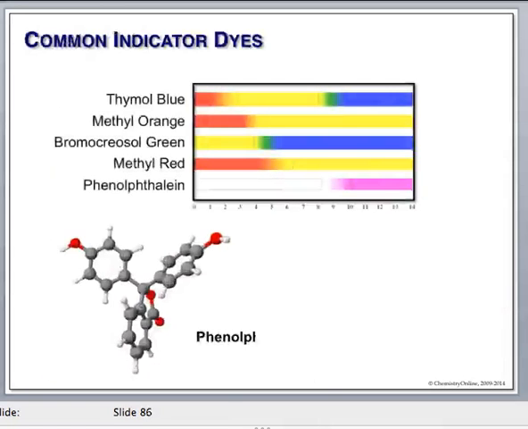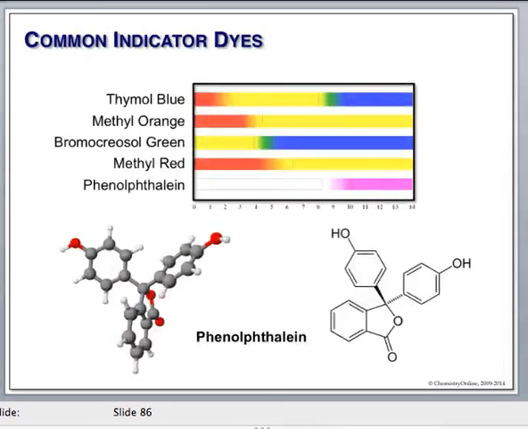pH paper works because there are things called indicators. Now, we saw an indicator in lab, phenolphthalein. This is what phenolphthalein looks like. This is its ball and stick model. This is what it would look like in organic chemistry as a real model. Phenolphthalein in acid solution is colorless.